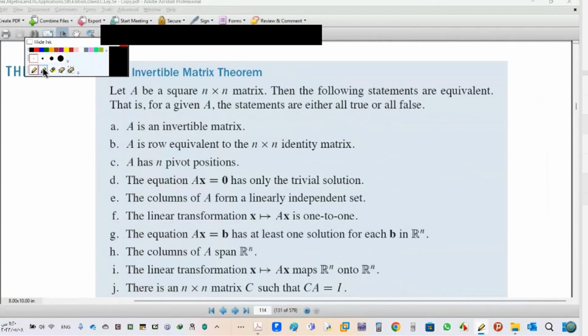What are those? A is an invertible matrix. We talk about when A is invertible; all statements are either true or false. If it is a square matrix, it should be an invertible matrix, no. Expect that determinant of A is not equal to 0.